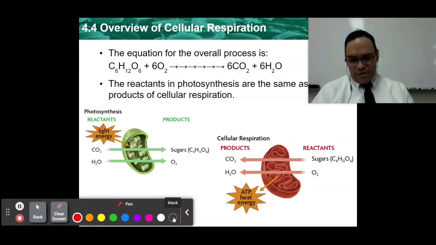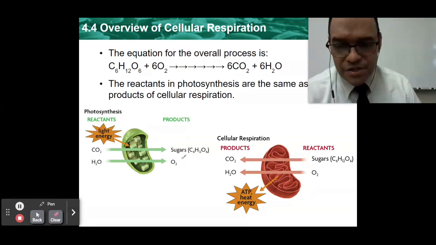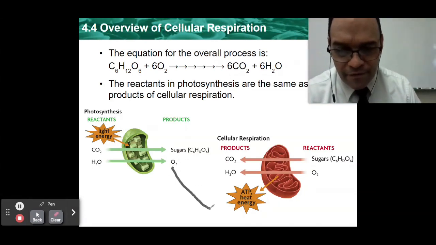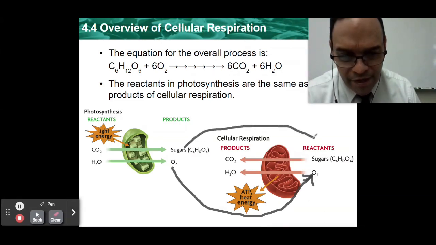I'm going to switch here to the pen function. So oxygen, O2, comes out of photosynthesis, but it goes into cellular respiration, and this is harder than it looks. And sugar comes out of photosynthesis, but goes into cellular respiration.